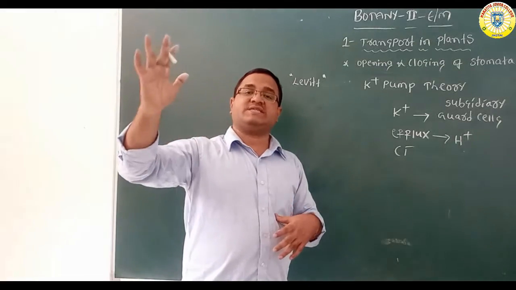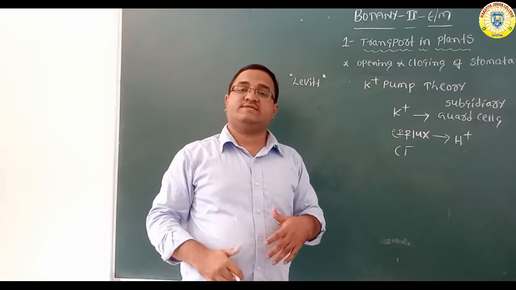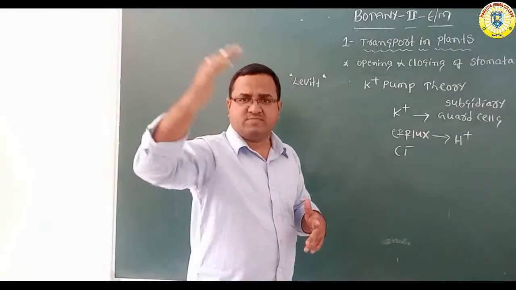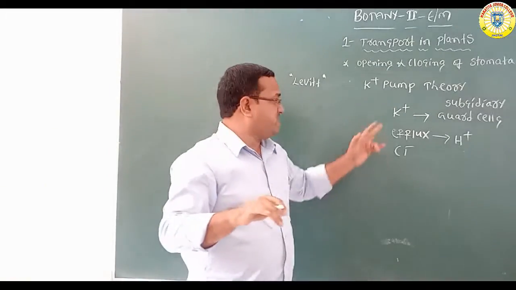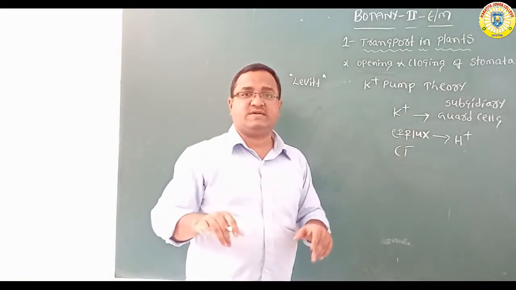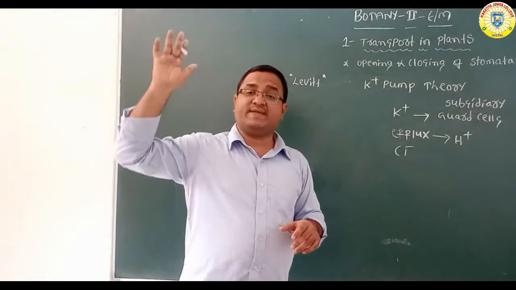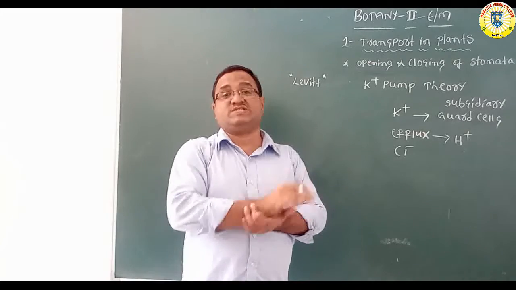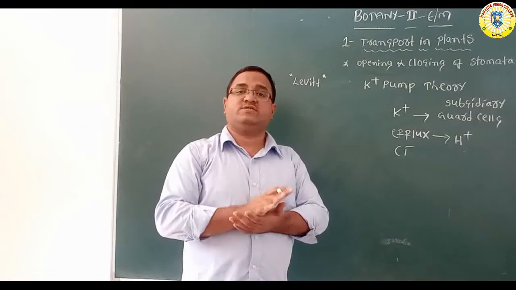So K plus ions and Cl minus ions both enter the guard cells while protons, H plus ions, come out. Because of these two ions, the water potential of the guard cells decreases.